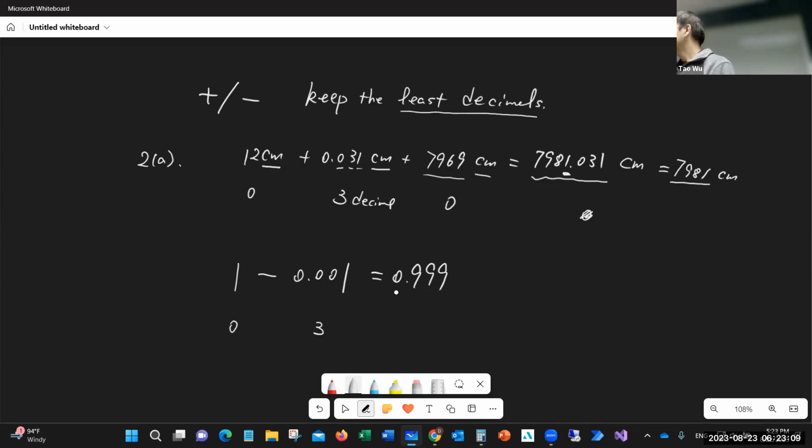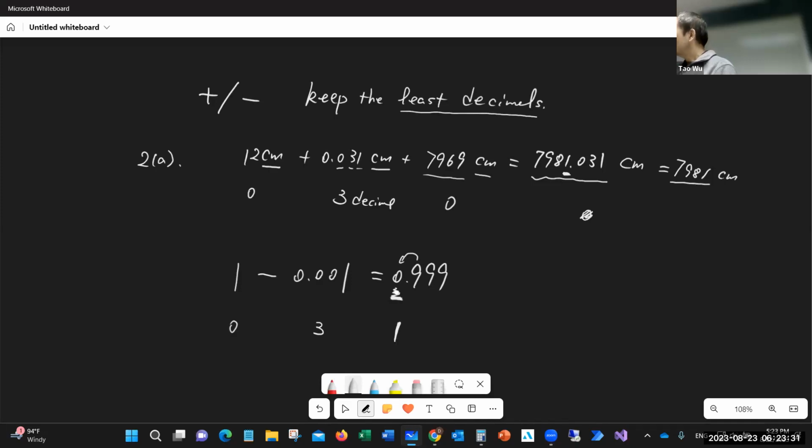Then what we're going to do is just keep 0 decimals. That means we just keep the number shown over here, the 0, and then you look at the next digit. The next one is a 9, which means you're going to round this up, so you write 1 again.